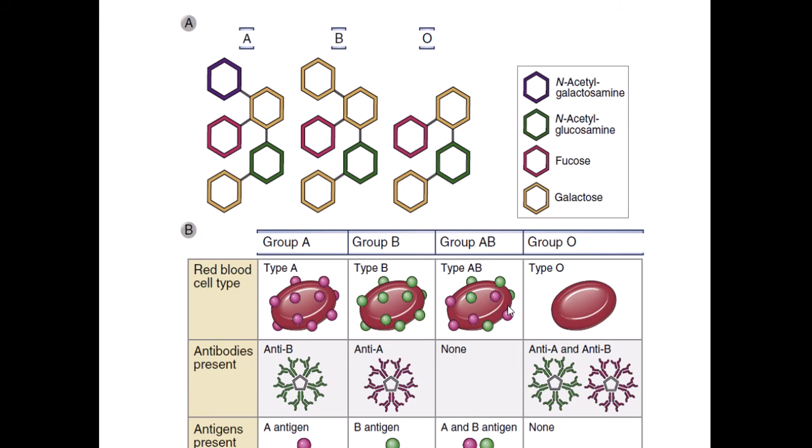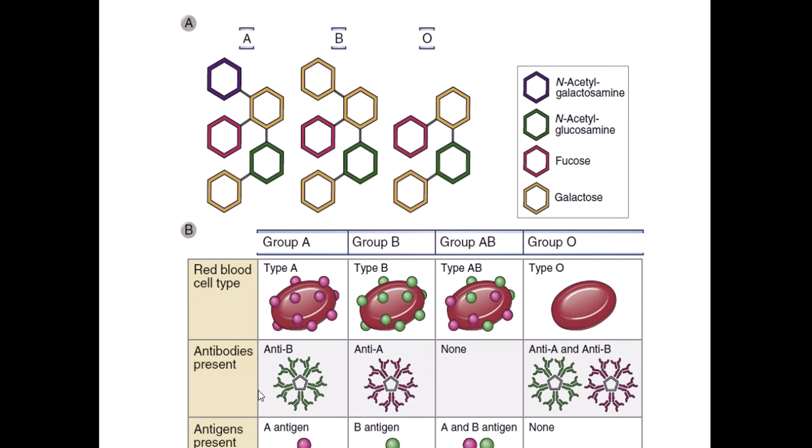So it's so important to understand this backbone antigen, or the H antigen, because in certain patients it could be missing here, and if the H antigen is missing, then more antibodies are going to develop.